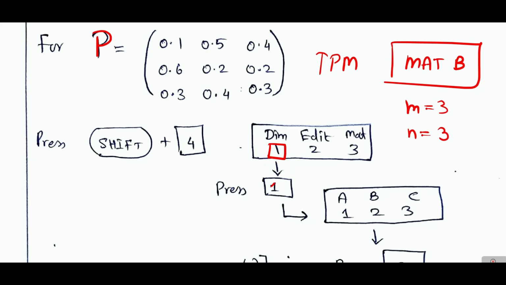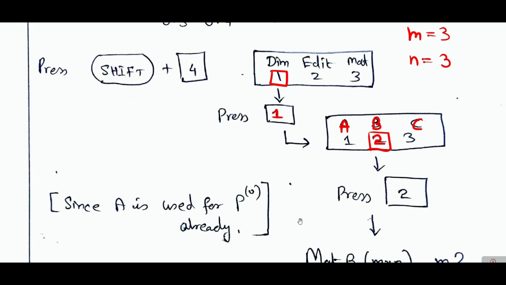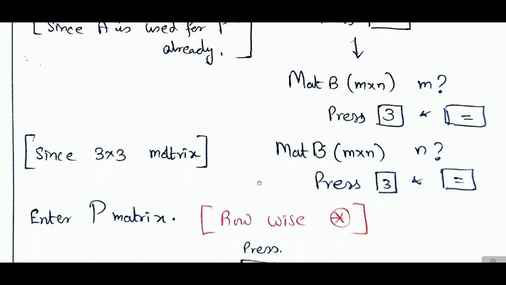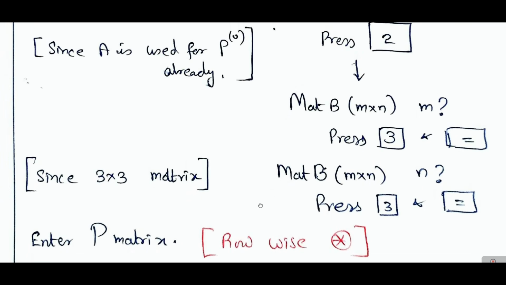So press 1 here. When you press 1, it will ask for matrix A, B and C. Since we already used A, I am going to choose B. So press B. Once you press B, then as usual, it will ask for the dimension. So the dimension M is 3. So press 3 and the equal to button. Then it will ask for N.